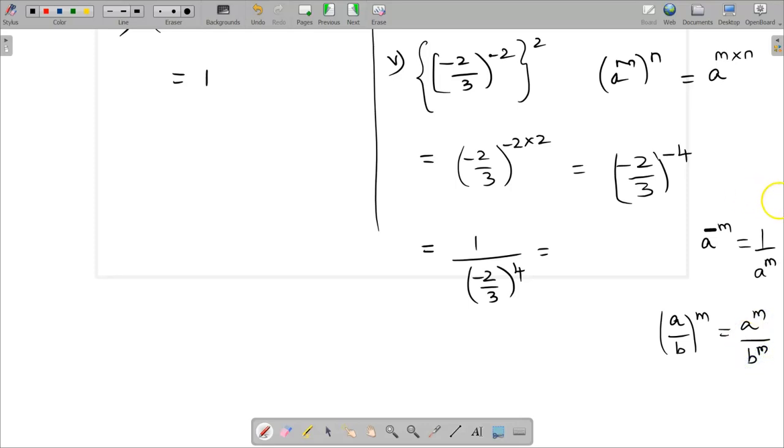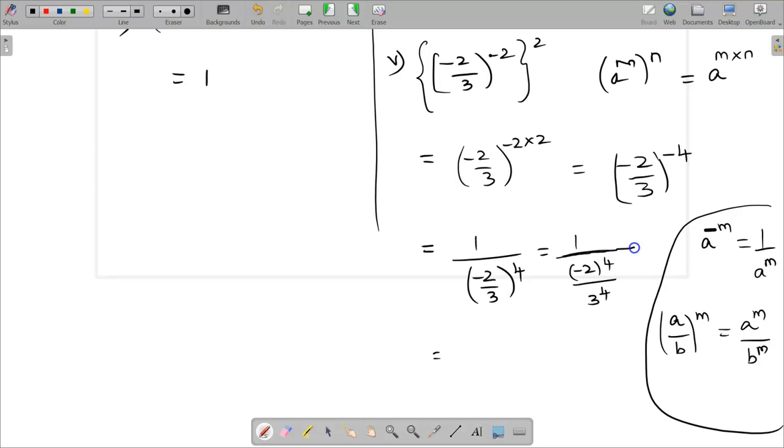So using that, how can we write this term? 1 by minus 2 the whole power 4 divided by 3 power 4. Like this we can write. Why? Because we have 4 as the power, which is common for both the terms.